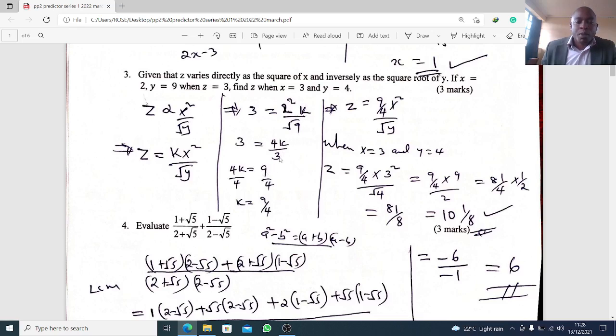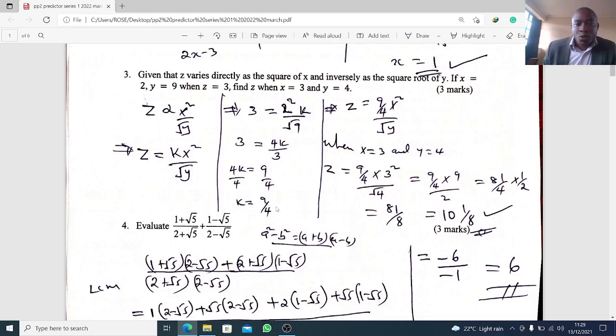So I need k. If I multiply by the reciprocal for me to get this k, I multiply by 3 over 4 on both sides. Here it will cancel, then this will be 3 times 3 over 4, that is 9 over 4 equals k.